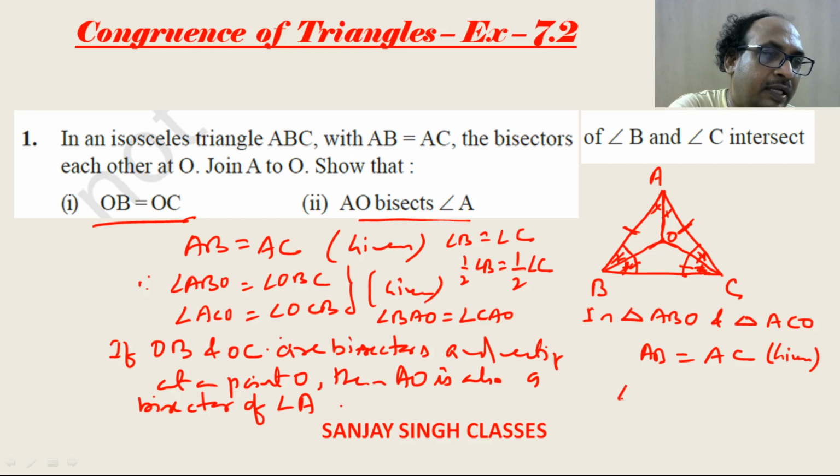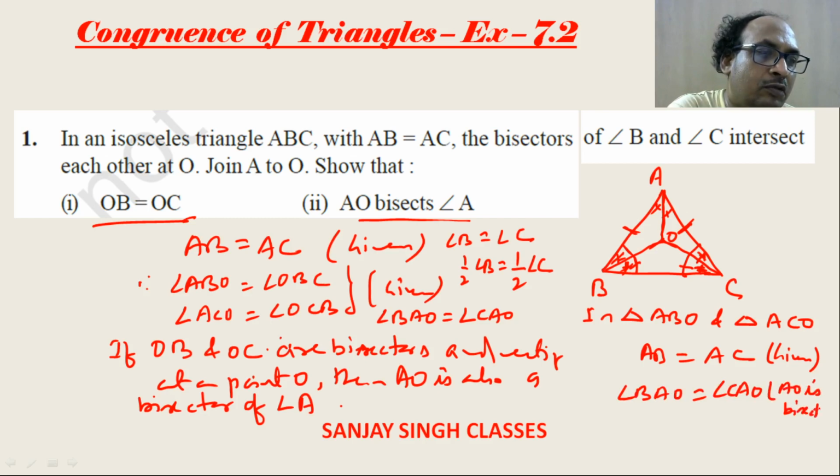It will be angle BAO is equal to angle CAO, okay, as AO will be the bisector. Similarly, AO will be equal to AO, common. Then with SAS rule, triangle ABO is congruent to triangle ACO by SAS rule.